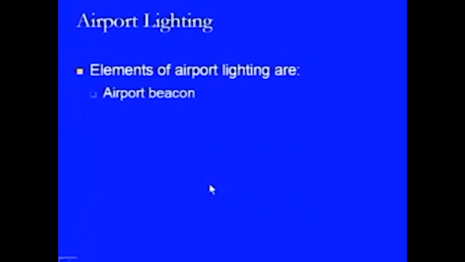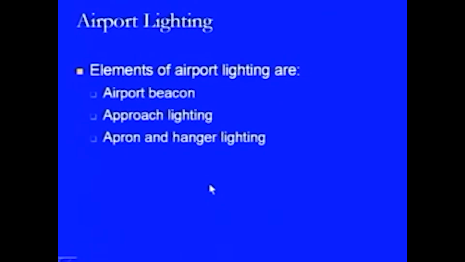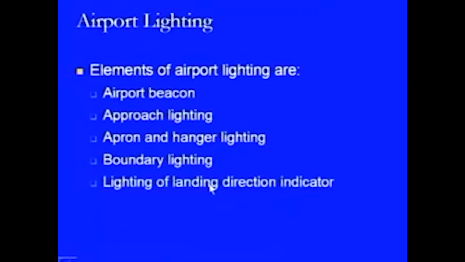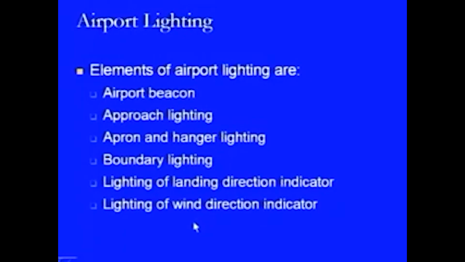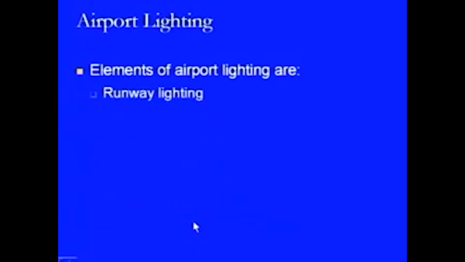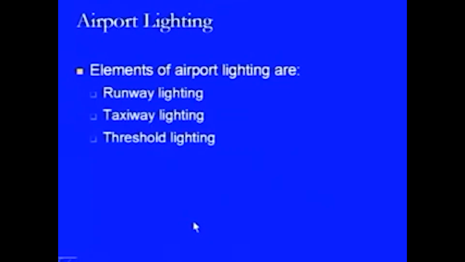They are airport beacons, the approach lighting for aircraft landing on the airport, the apron and hangar lighting for aircraft standing near the terminal buildings or in the hangars, the boundary lighting, the lighting of landing direction indicators as we have seen in the case of markings, and similarly the lighting of the wind direction indicators. Further, there are runway lighting, taxiway lighting, and the threshold lighting for the threshold markings being provided.